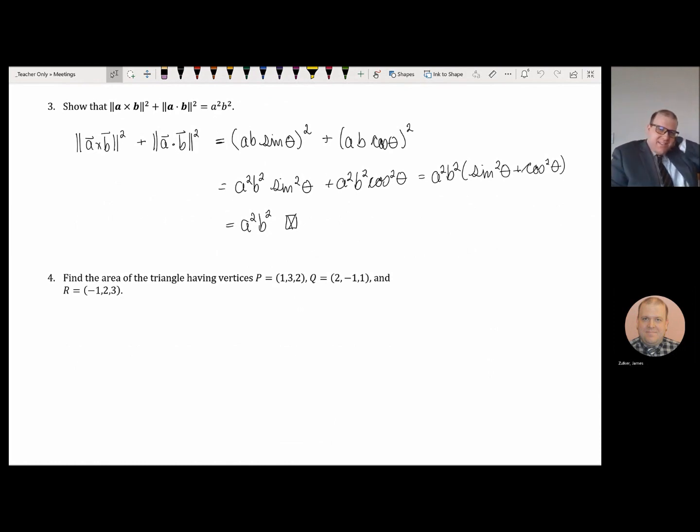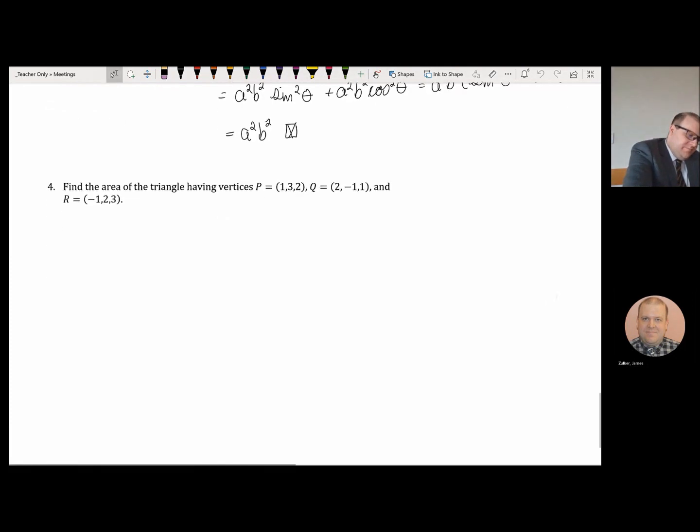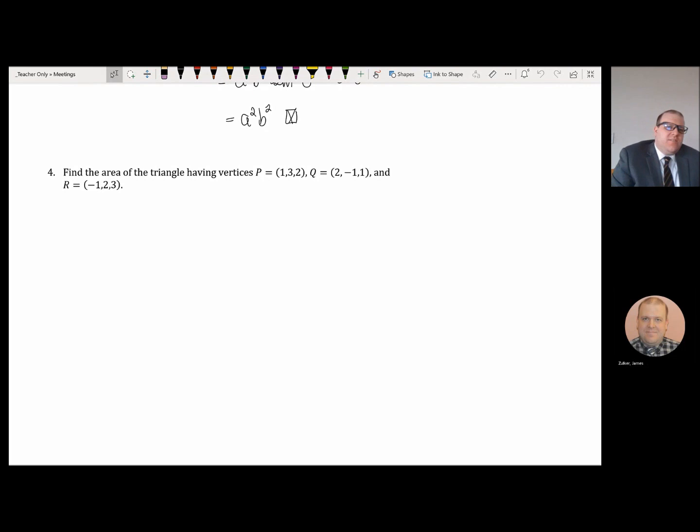We want to find the area of the triangle that has those 3 vertices. First thing, let's find PQ and PR.